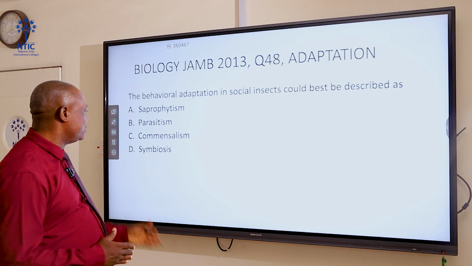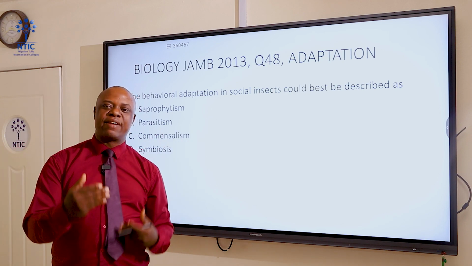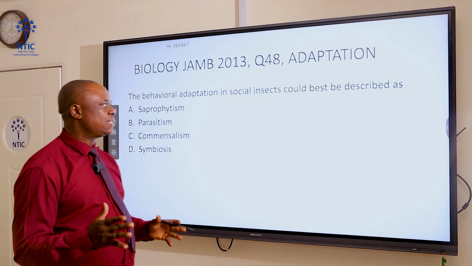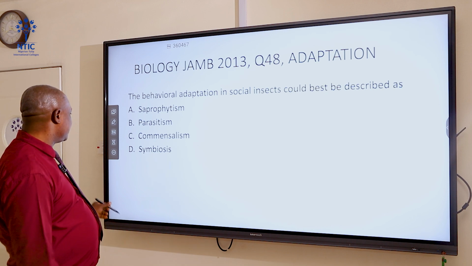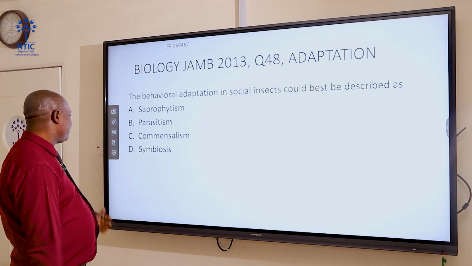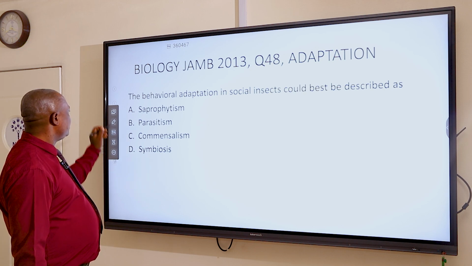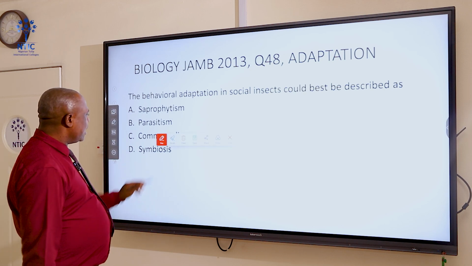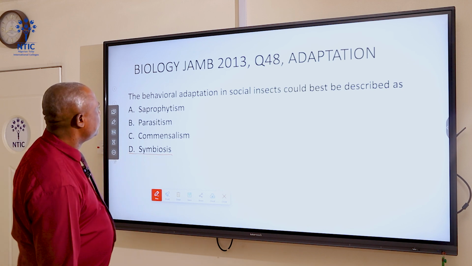Then you have symbiosis. This is an association where they derive mutual benefit, and that is what we see in social insects. Therefore, the answer to this is symbiosis.